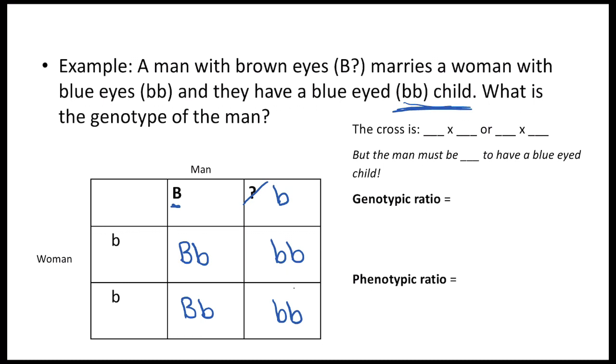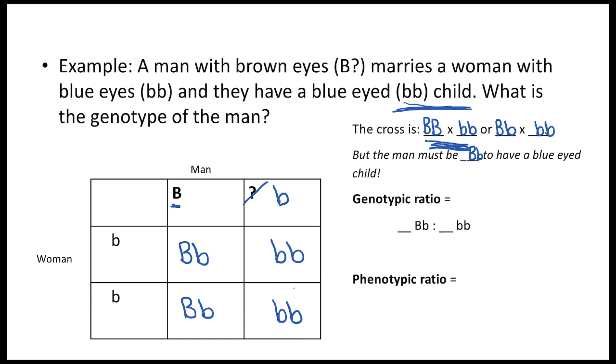Our cross here is between, sorry, I should have done this first, big B cross with little b, representing the female, or it could have been, or in this case it is, big B, little b, little b, little b. If it was this first example, we would not have a blue-eyed child. So because there is a blue-eyed child, this man must be big B, little b.